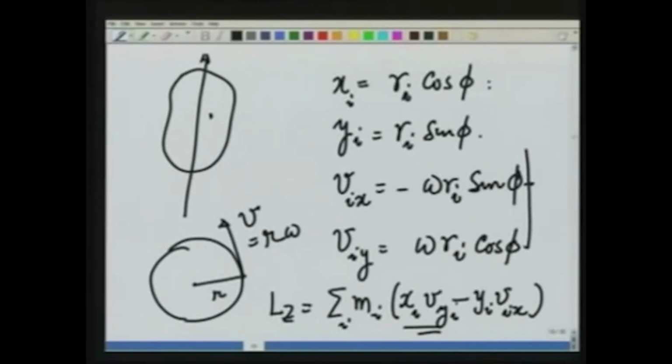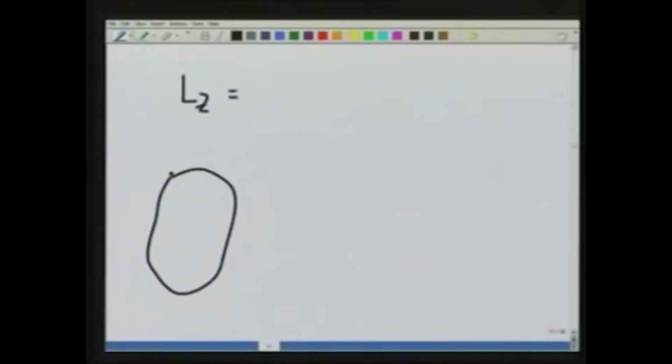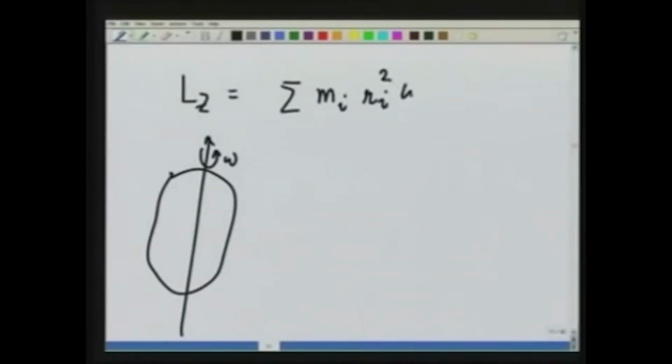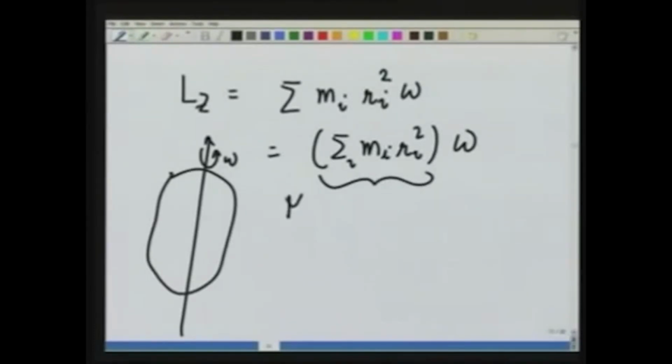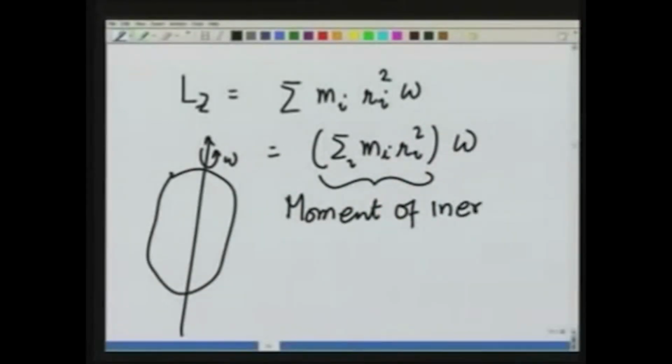So, minus minus will compensate, and therefore I get Lz for this body which is rotating about the z axis with omega as summation m_i r_i square omega, which I can write as the summation inside, m_i r_i square, times omega, and this we call the moment of inertia about the z axis. So, let me call this I_z omega.